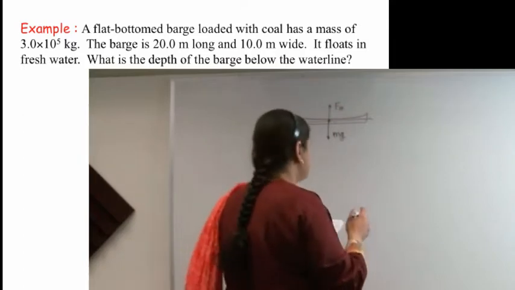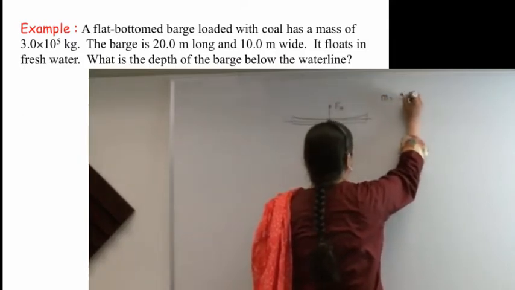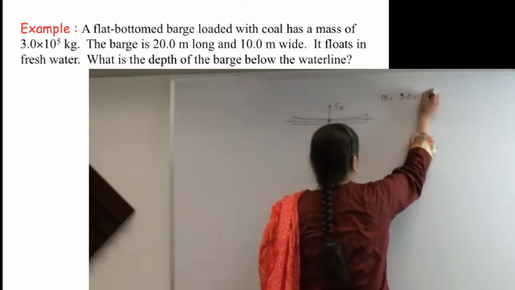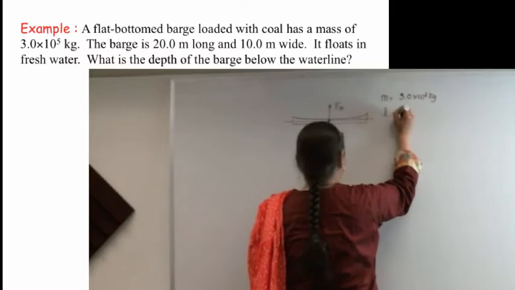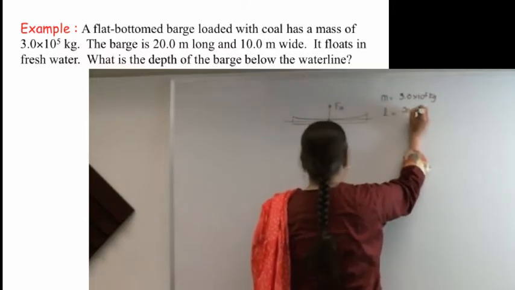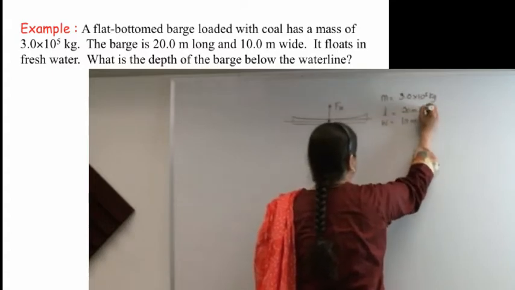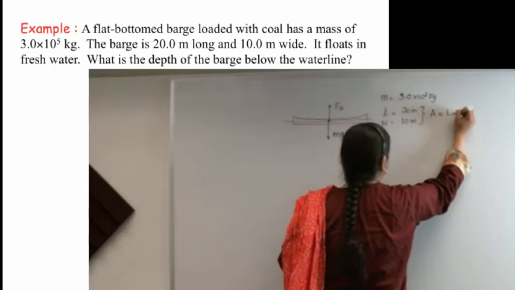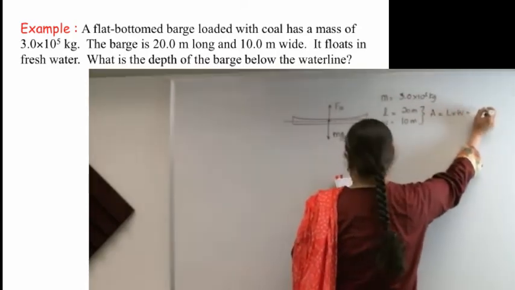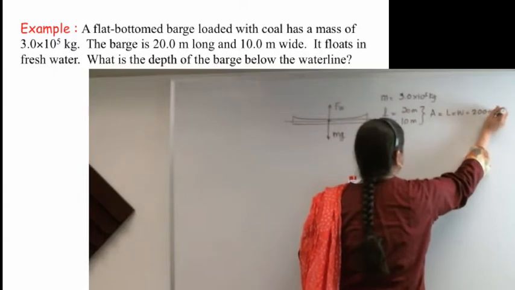The question gives me that the mass of this barge is 3.0 times 10 to the 5 kilograms. It also gives me its length, which is 20 meters, and its width, which is 10 meters. So if I have both of these, I can calculate area, which is length times width, which comes out to be 200 meters squared.